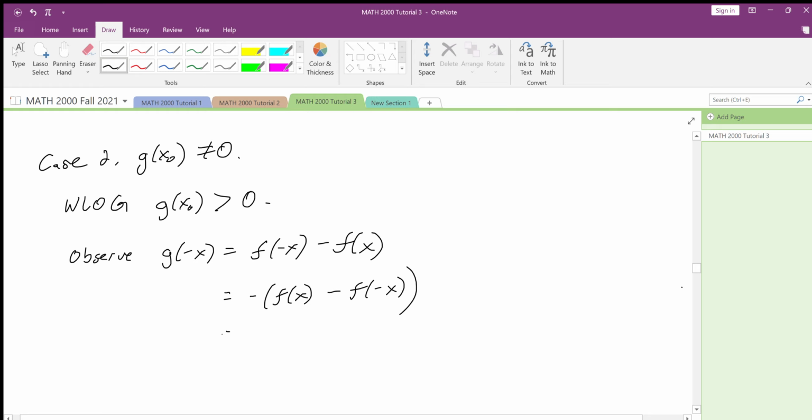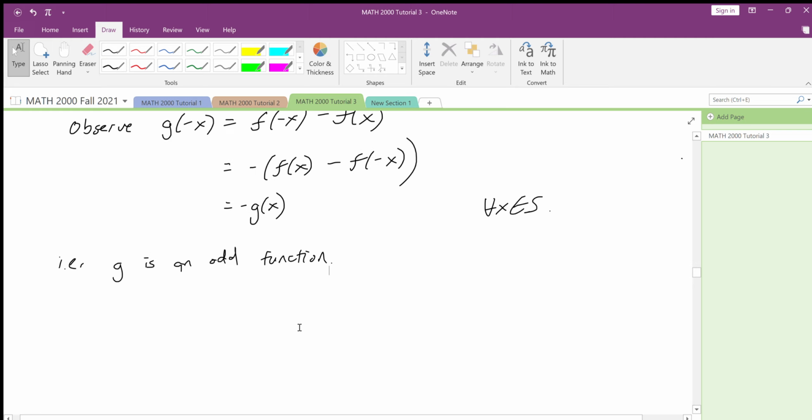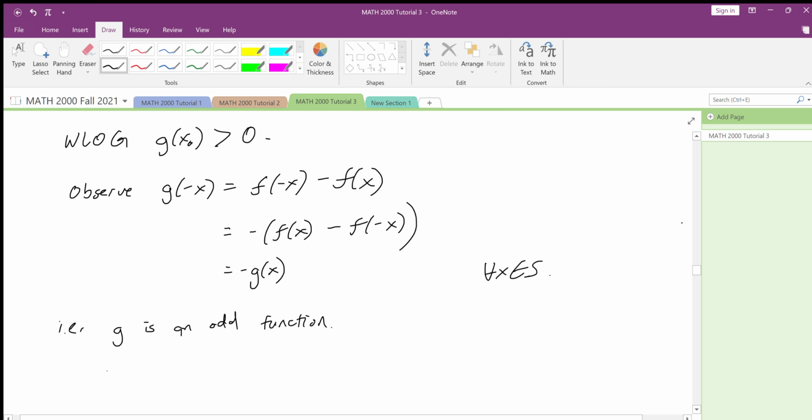And that's just negative g of x. And this is true for all x inside S. So in other words, g is an odd function. More specifically, since g of x naught is positive, then it stands to reason that g of negative x naught is negative.